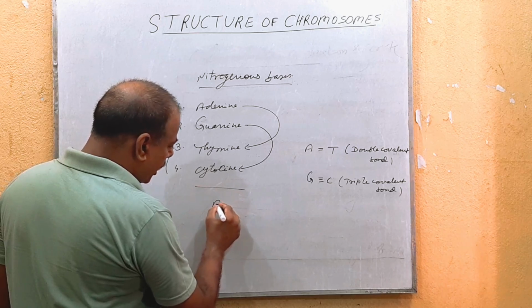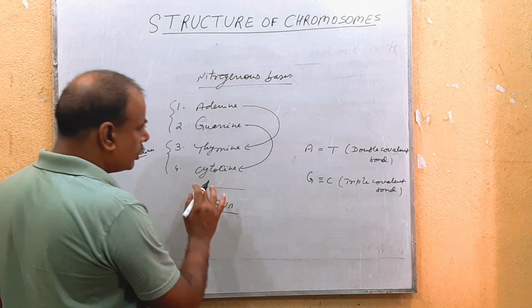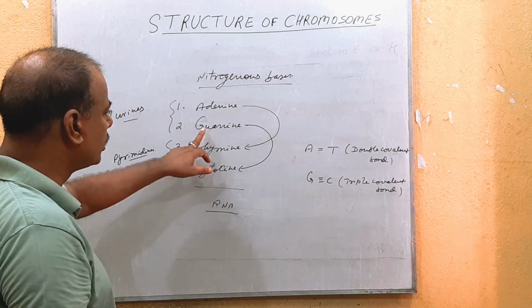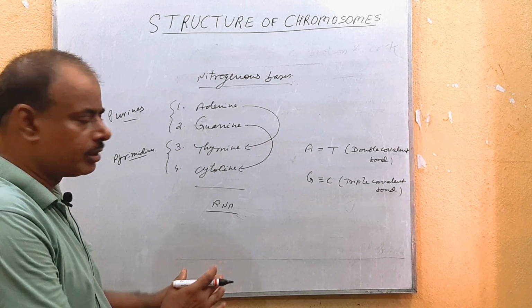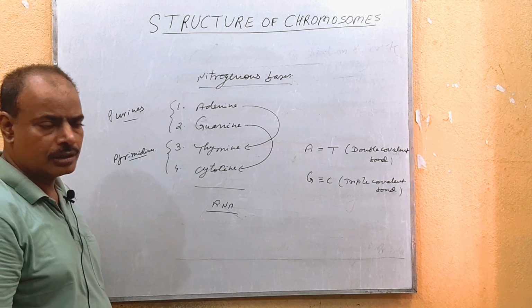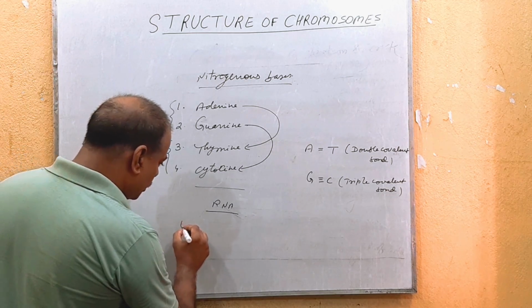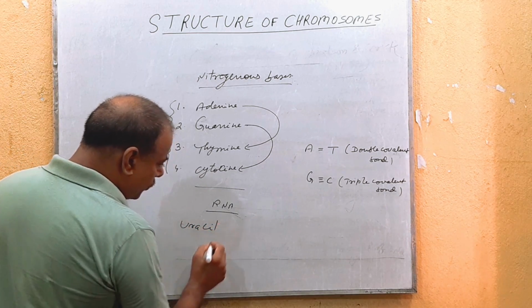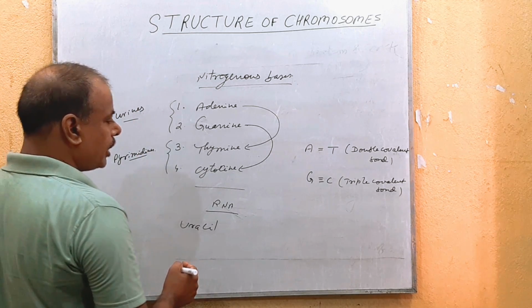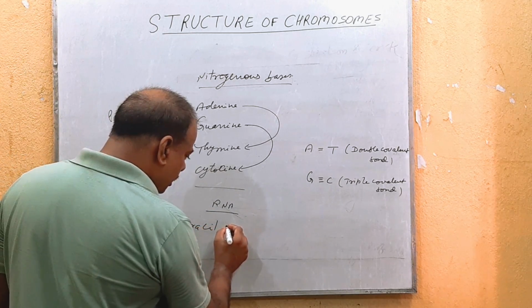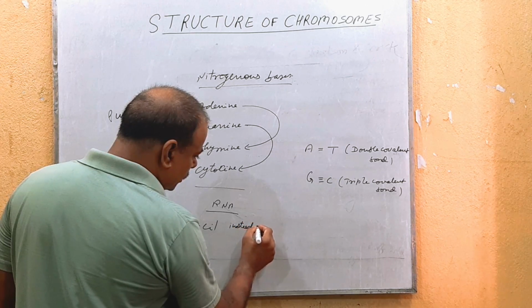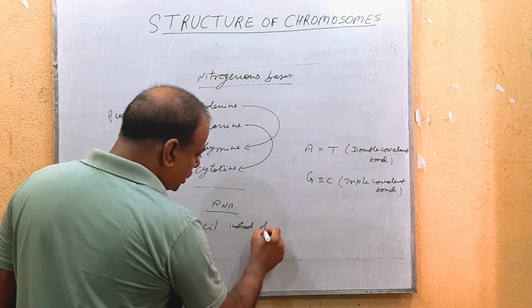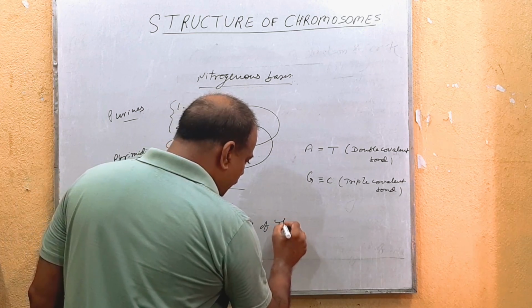But in case of RNA, adenine, guanine and cytosine are found, but in place of thymine, uracil is found. Uracil is the 5th type of nitrogenous base, found instead of thymine.